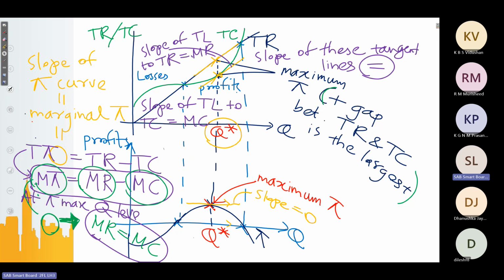When we draw tangent lines at the profit maximizing output level, what we observe is they are parallel. Since their slope values are equal, at the profit maximizing output level, marginal revenue is equal to marginal cost.